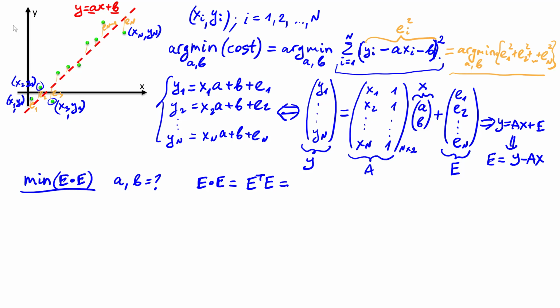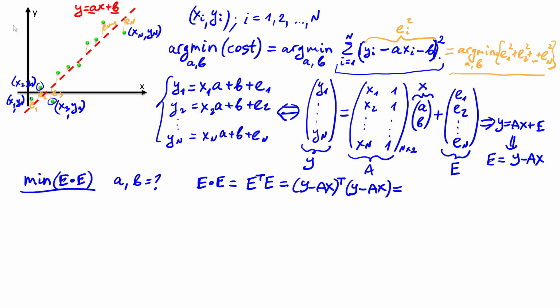And this is the expression that we will want to minimize, and to find such a and b that will minimize that expression. So it will be y minus ax transpose multiplied by y minus ax. And that's it.